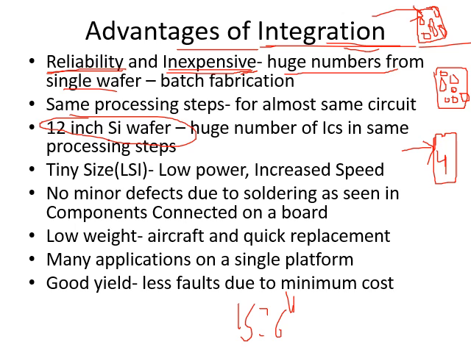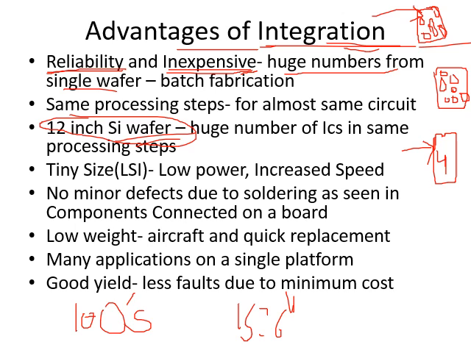So slightly less than that laptop screen, a CD-type silicon wafer that big can be taken for fabrication, right? And there may be hundreds of ICs, say 200 or 150 ICs, fabricated using a single silicon wafer, right?